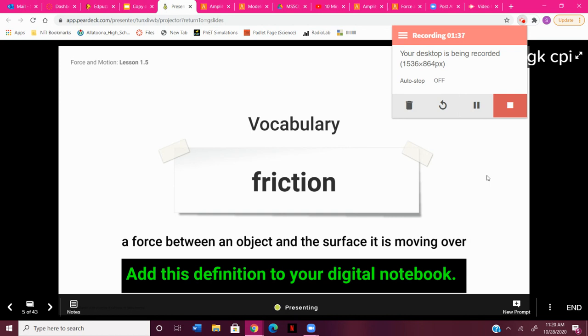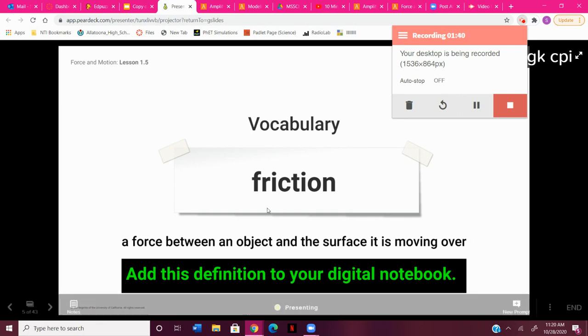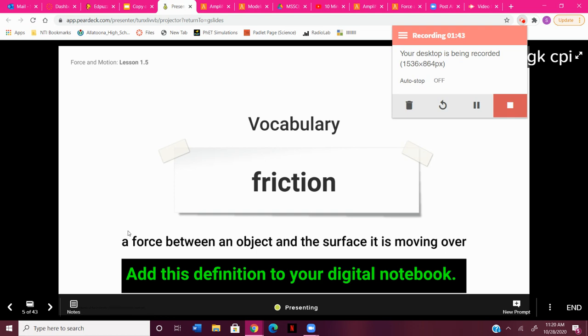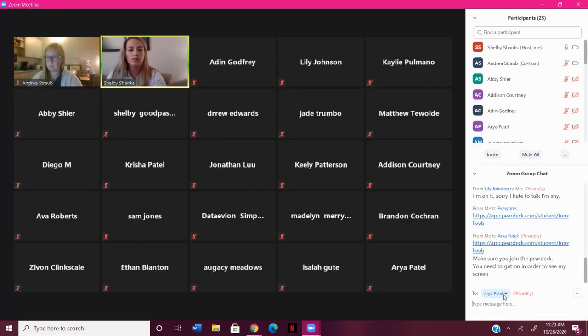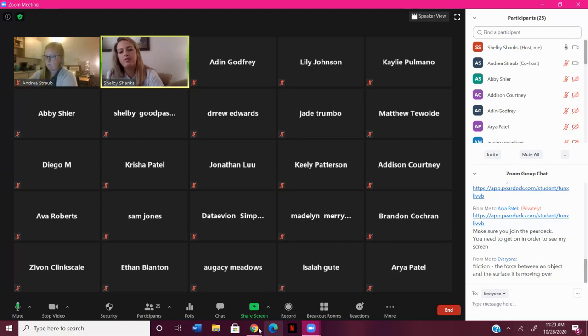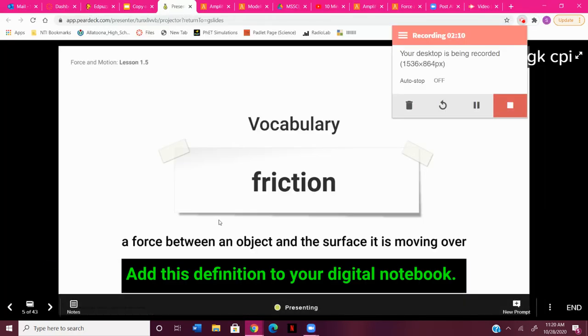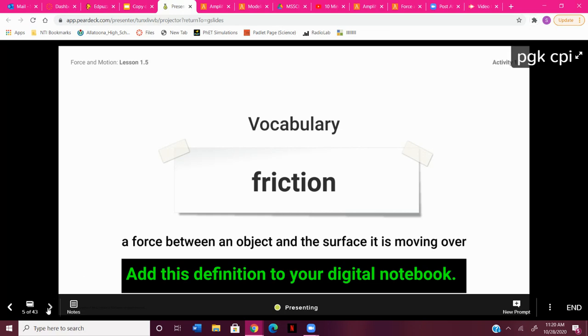Make sure you have that definition down. I put that in the chat if you get a little behind, so make sure you check the chat if you did not get it off this slide.